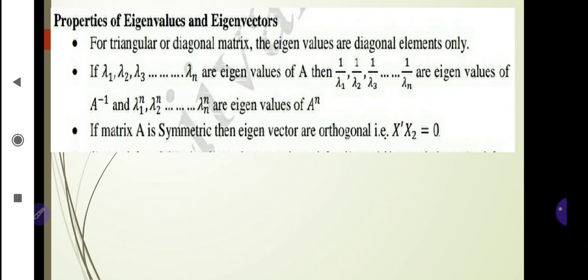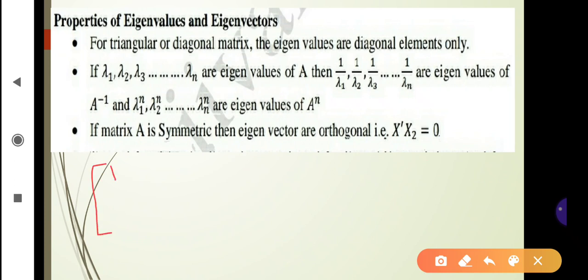Then what are the properties of eigenvalues and eigenvectors? For a triangular or diagonal matrix, the eigenvalues are the diagonal elements only. Suppose the matrix is 1 2 3, 0 1 2, 0 0 3.